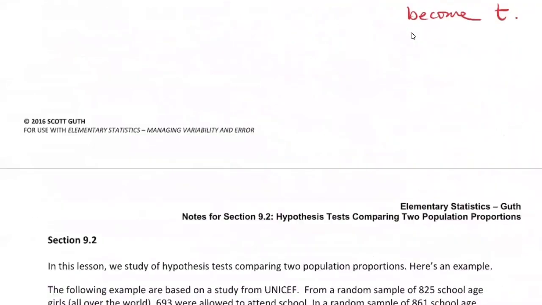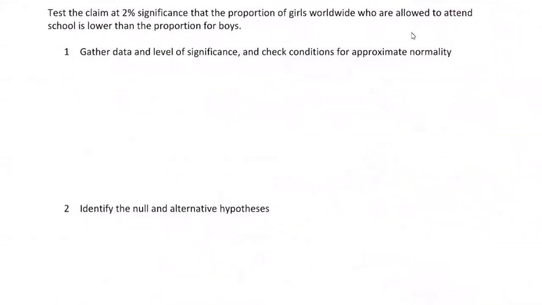So let's get back down here and say you'll need to gather p hat 1, which is x1 over n1, and p hat 2, x2 over n2. You'll also need n1, n2, and an alpha, which is the level of significance.